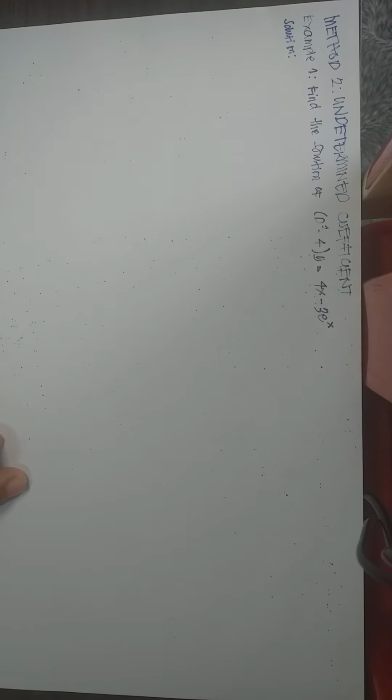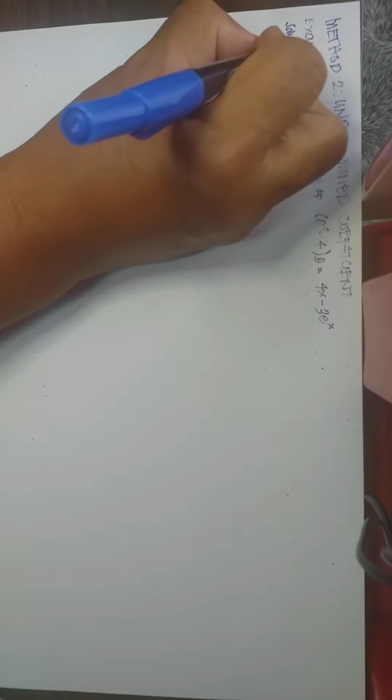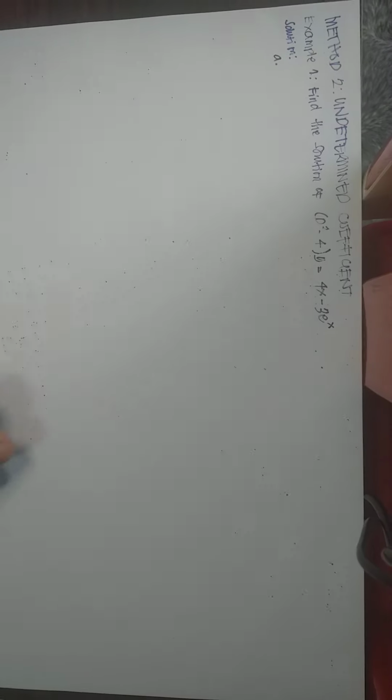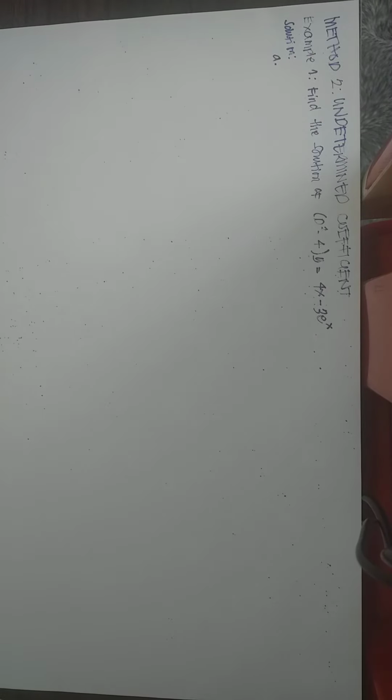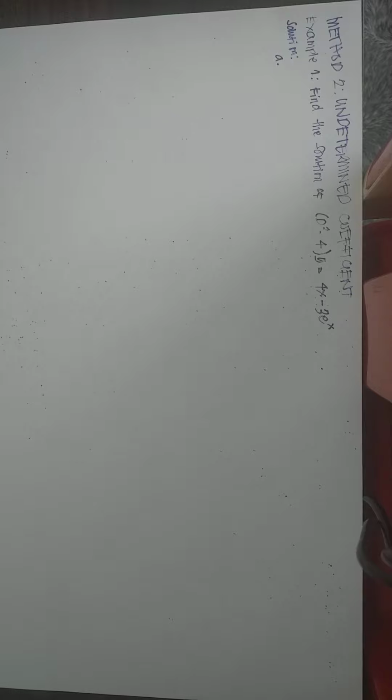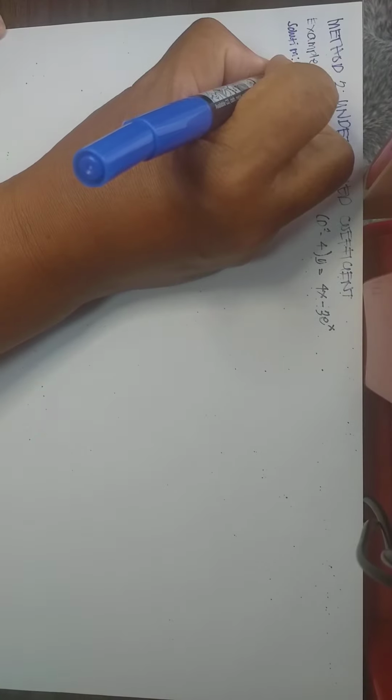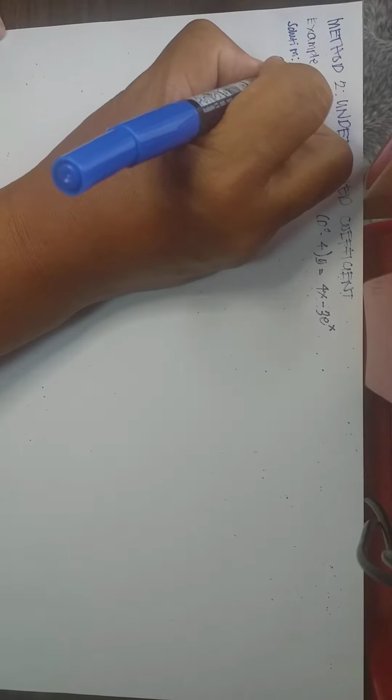Again, the solution for yc, ano yung yc? Ano ibig sabihin ng yc? That is the complementary function yc. For example number 1, sagutan lang din natin ulit. Ano ba ang auxiliary equation natin?